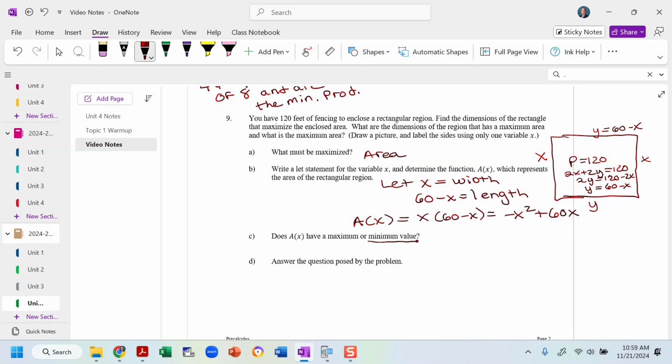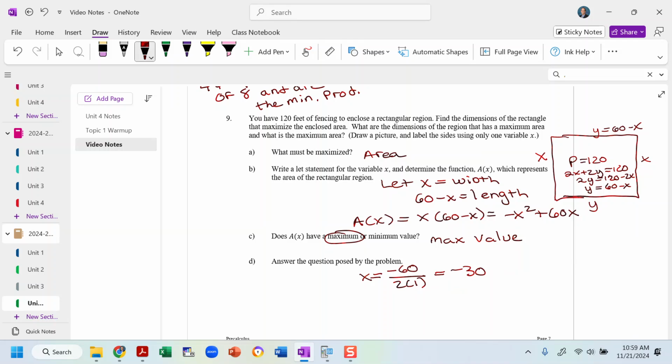It's going to have a maximum value, right? It's going to have a maximum value because the negative means it goes down. And so when you find the maximum value, remember that it's going to be negative 60 divided by 2, which is negative 30.